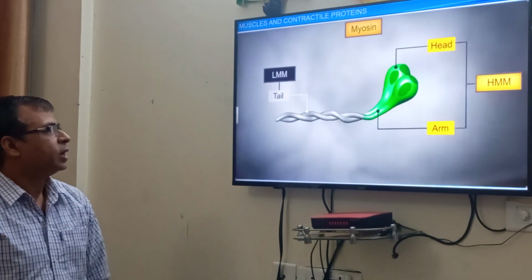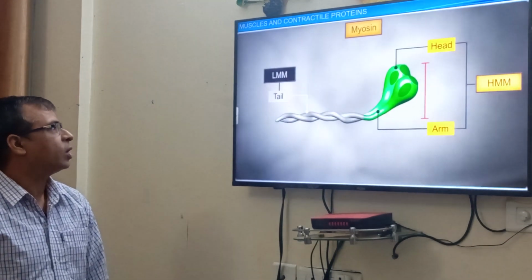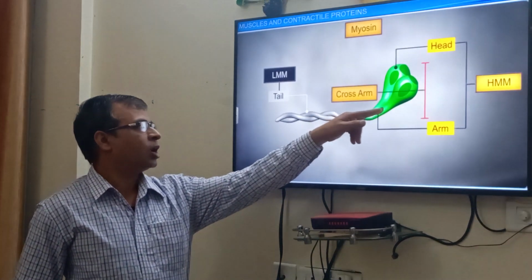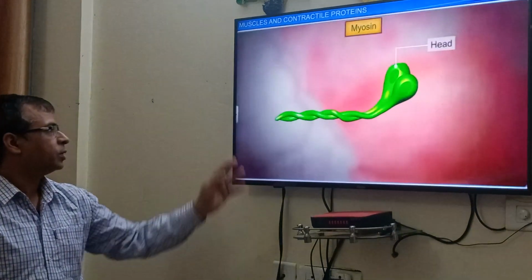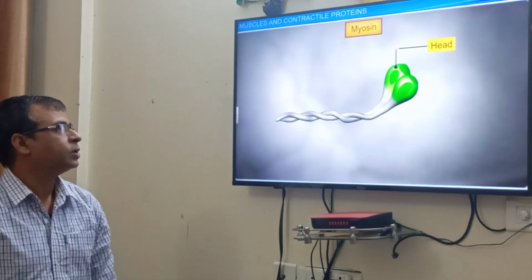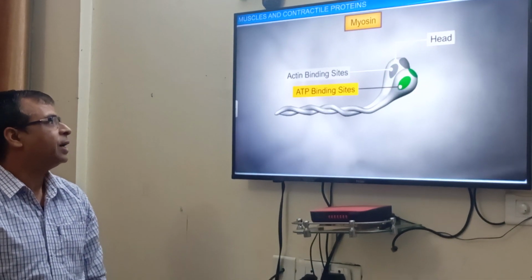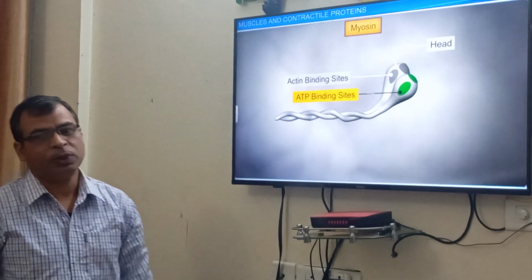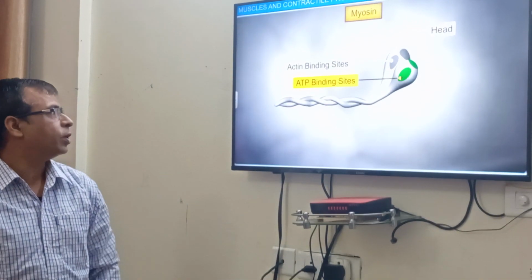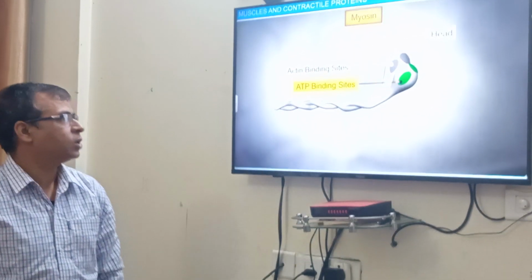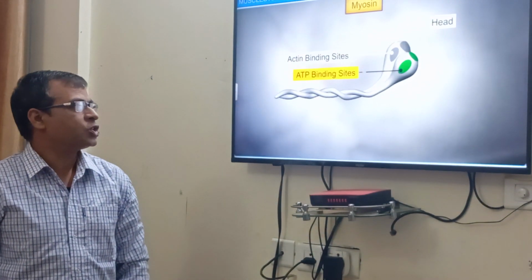This head of the myosin is the binding site for ATP and actin, so important in muscle contraction. It also has ATPase enzyme.